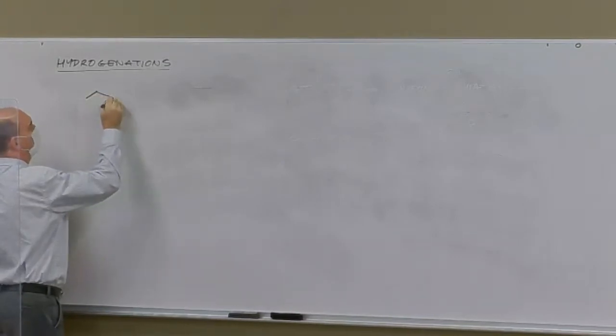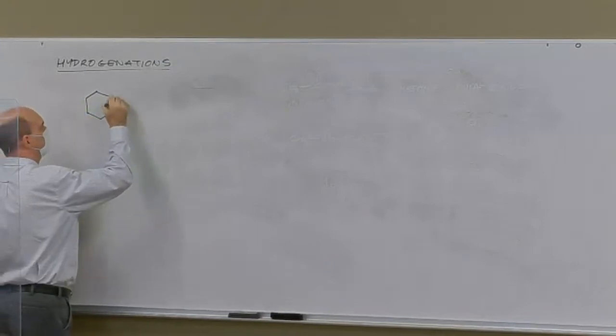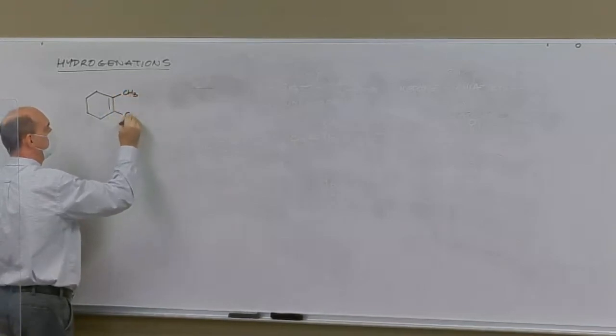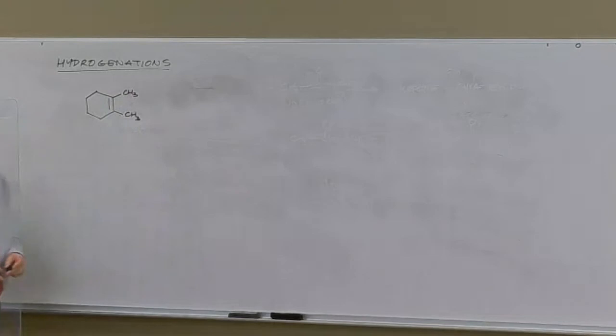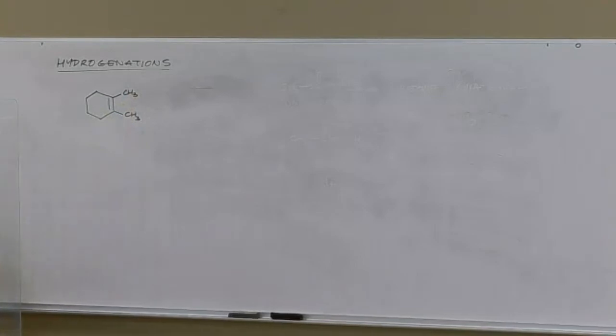Let's start with an alkene. By showing a ring structure, and by having that ring structure have substituents on the alkene, I get to show you the mechanism of addition.